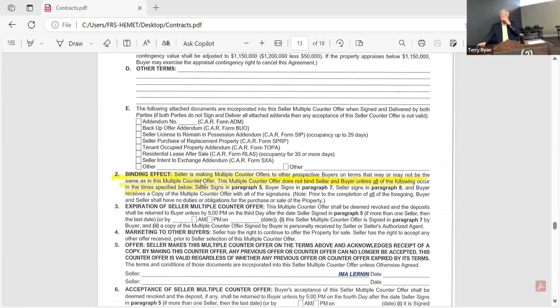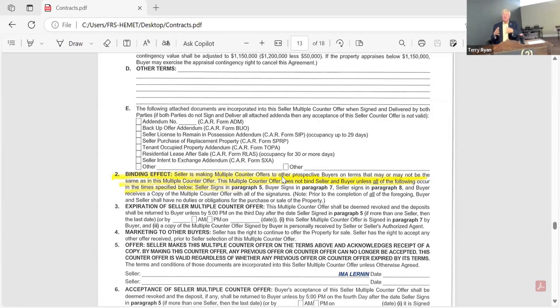Okay, binding effect. Seller is making multiple counteroffers to other prospective buyers on terms that may or may not be the same as in this counteroffer. And what that means is that everybody's purchase price doesn't need to be the same. There might be some other things that affect it.